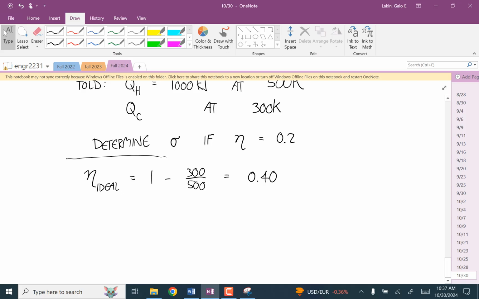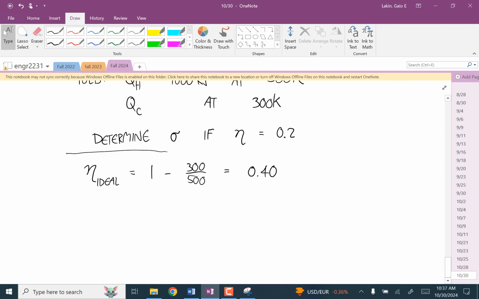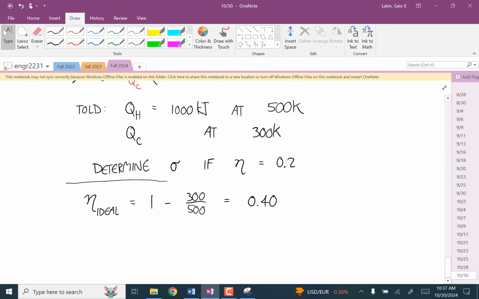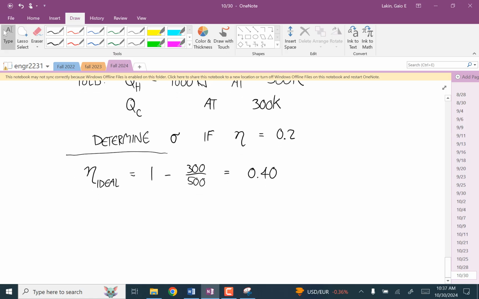We know that using that definition, the Clausius inequality, delta Q over T, if you take into account all the places where heat is transferred, would be equal to 0 for the ideal case, the reversible case.